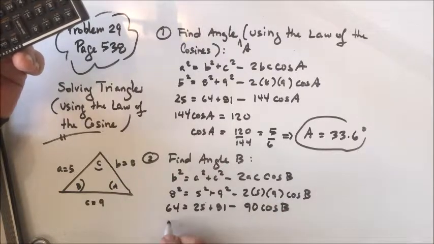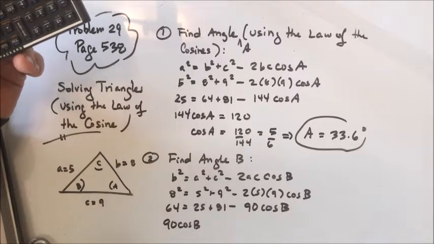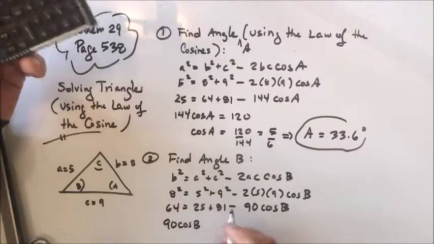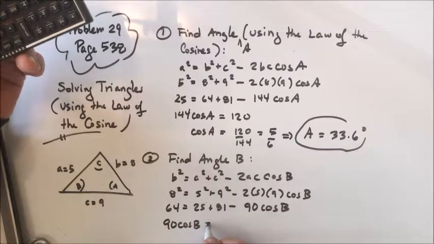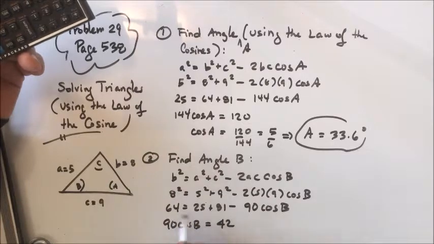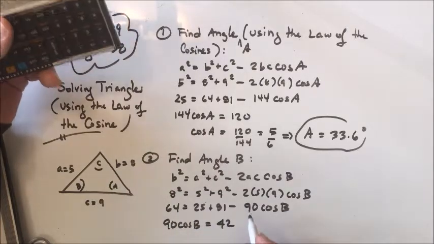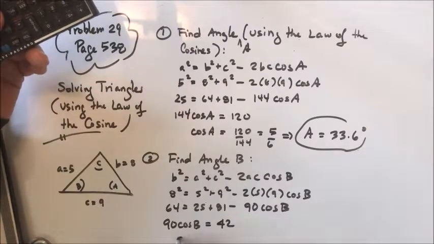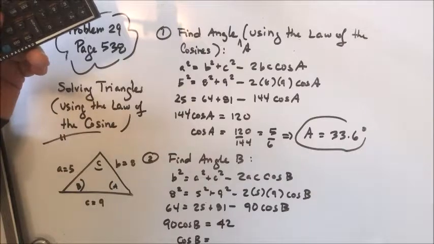So let's solve it again. I got 90 cosine B comes over here. I have 106 minus 64, 42. I've got 106, subtract 4, that's 102, subtract 6, that's 42. So that means that cosine B is 42 divided by 90.